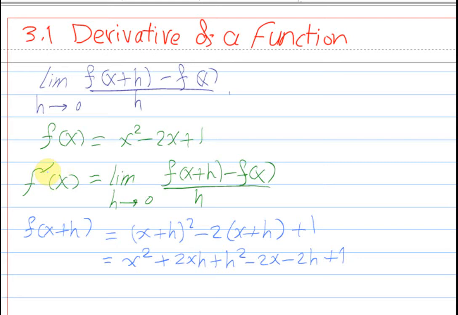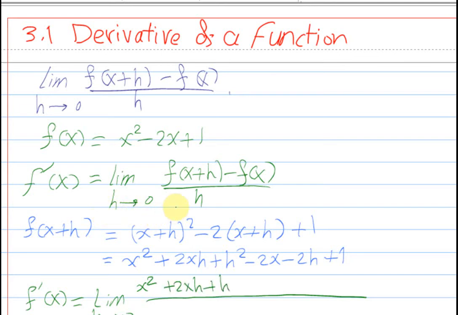Let's substitute in our formula again. In this case, f prime of x equal limit as h approaches 0. We copied everything up: x squared plus 2xh plus h squared minus 2x minus 2h plus 1.